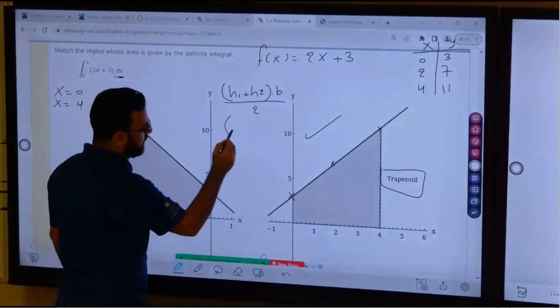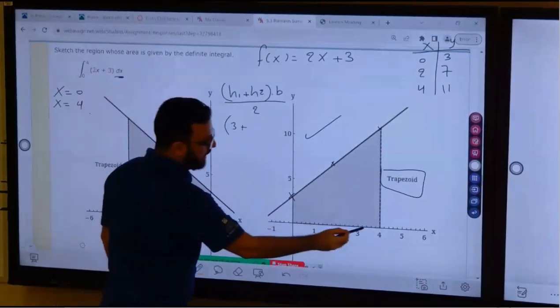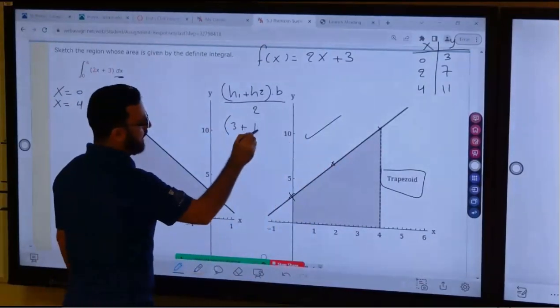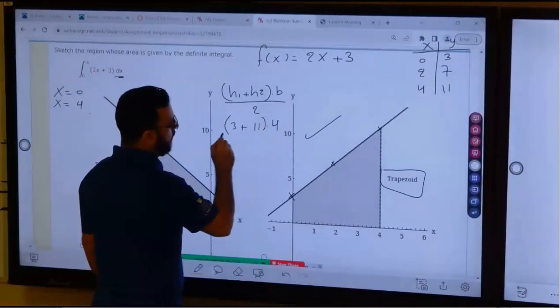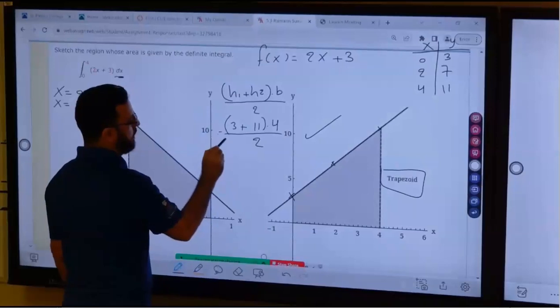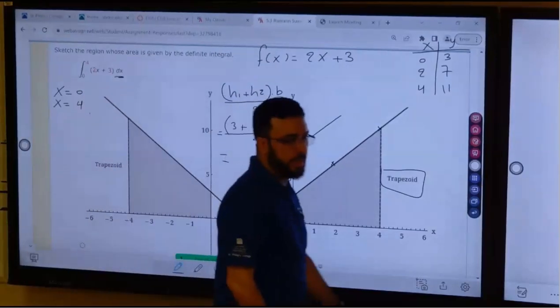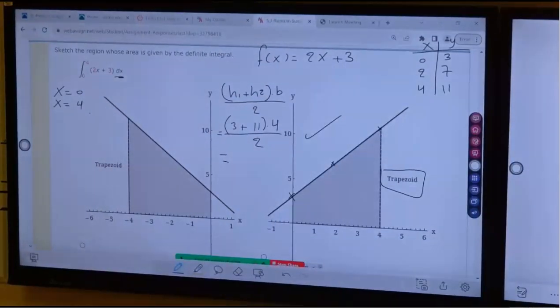That means the first height is 3. The second height is 11. You're gonna multiply by the base, which is 4, and divide by 2. So this is the formula to find the area when you have the trapezoid. Next one.